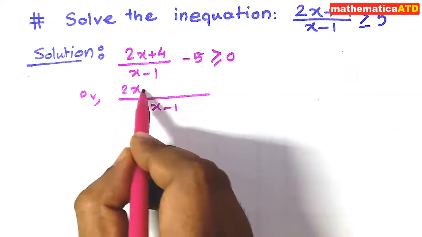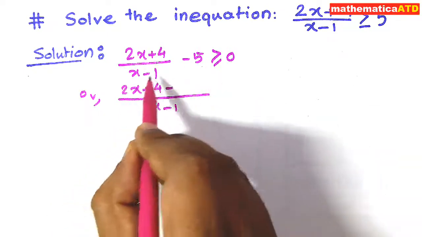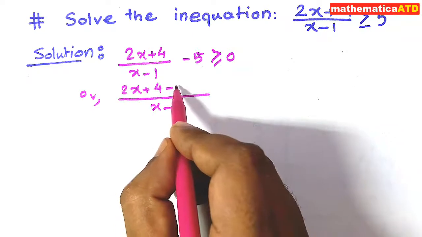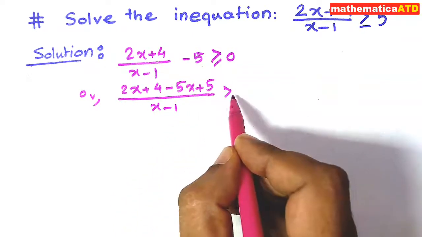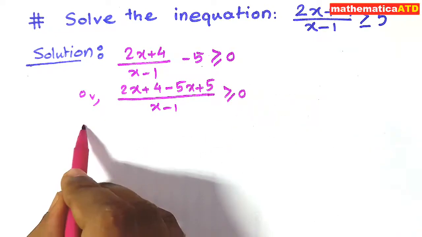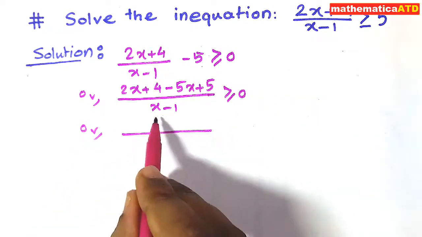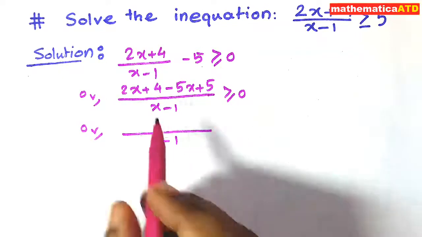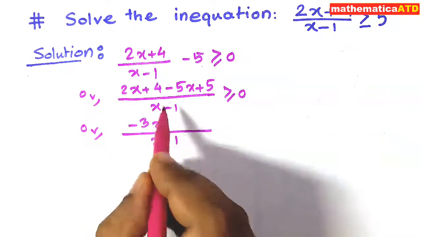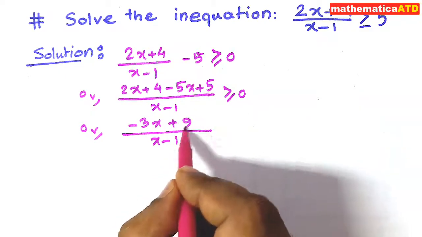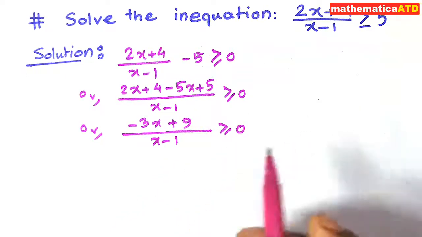So this is 2x + 4 - 5(x - 1), that is -5x + 5, which is ≥ 0. The denominator is x - 1, 2x - 5x, that is -3x, 4 + 5, 9, which is ≥ 0.